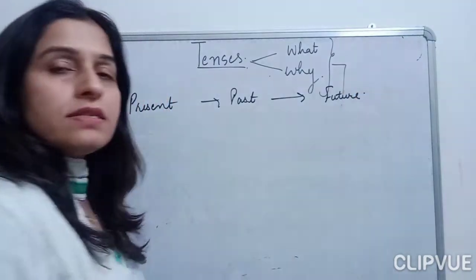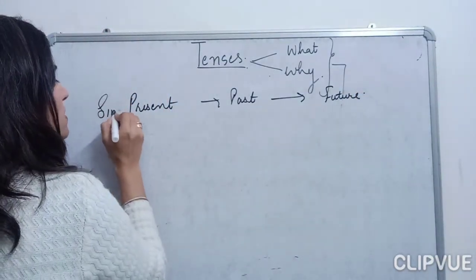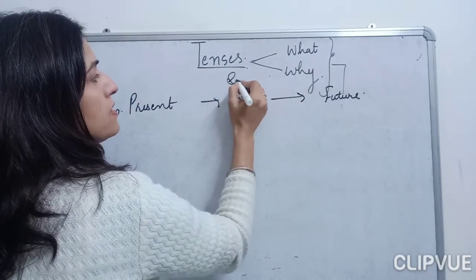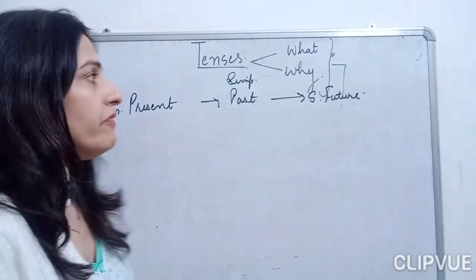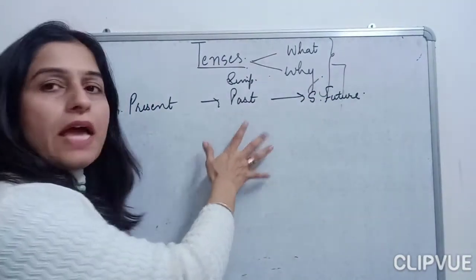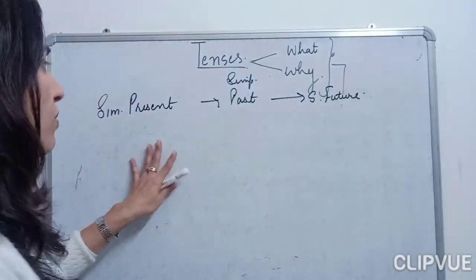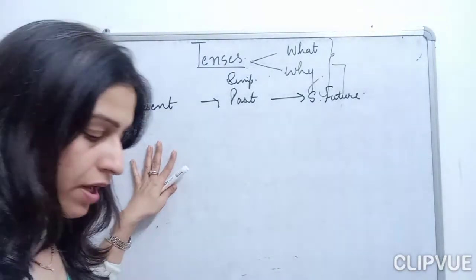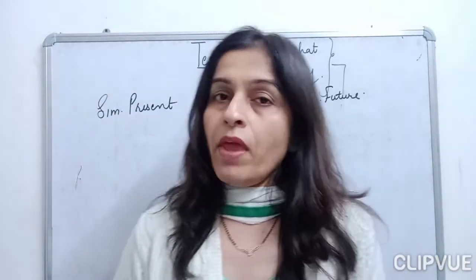In today's video we will be studying the simple present tense, the simple past tense, and the simple future tense. We will be studying their differences and when, how and where to use them. Okay, now let's start with the present tense, children. What do you understand when we talk about the present tense?